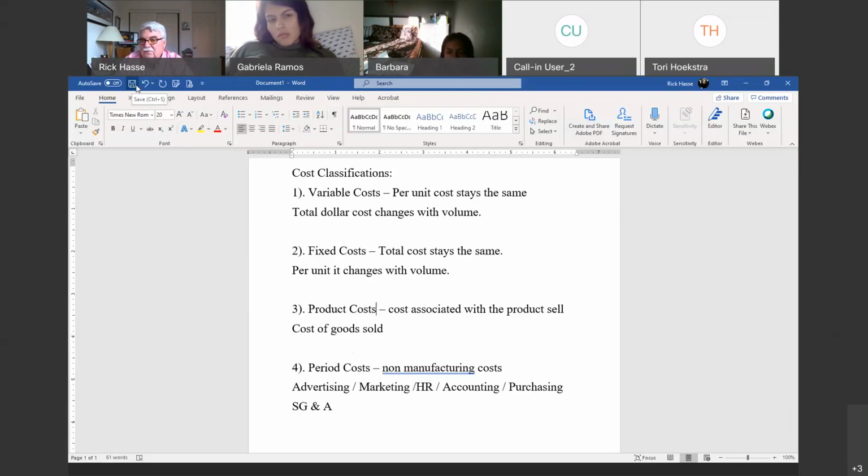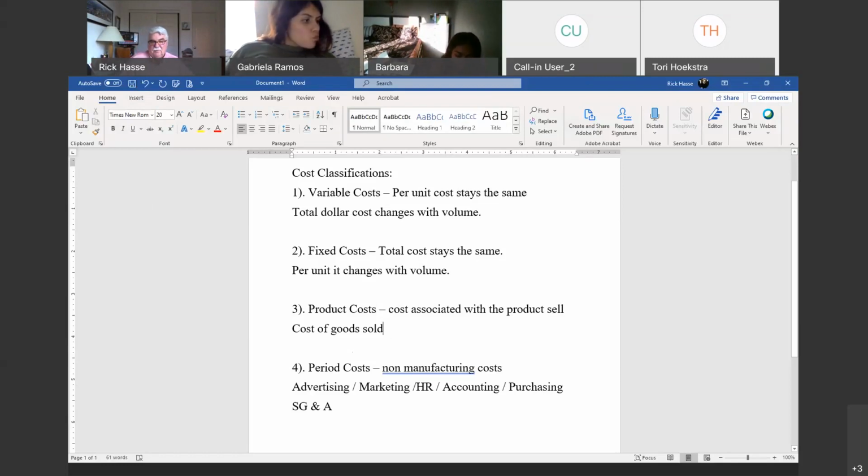And let's say if it's $100, I'm going to sell it for a lot more than $100 because I have to pay for those product costs, plus pay for the additional period costs of running my business, plus make a profit. But the product costs give me the basis by which I should determine the selling price of our product.